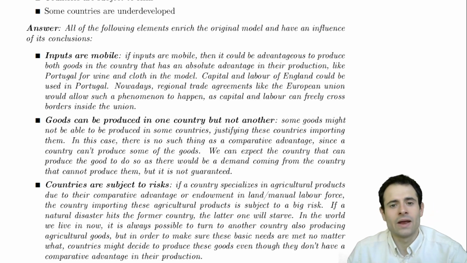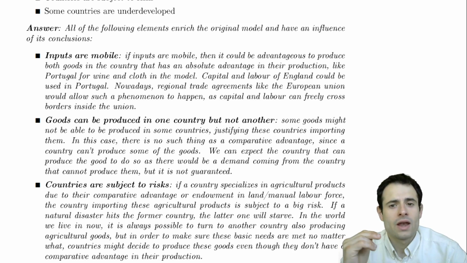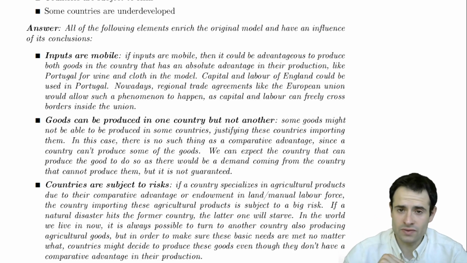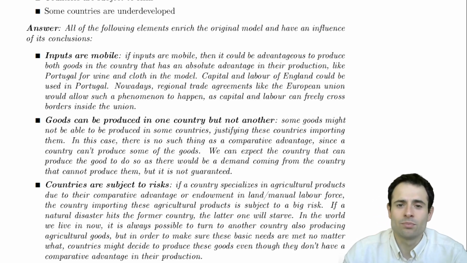But that is not guaranteed either. In Ricardo's original model, both countries are able to produce both goods. Now, they are able to produce them with different levels of productivity, but they are able to produce them. If a country is not able to produce a good for one reason or another, then it will have to import.